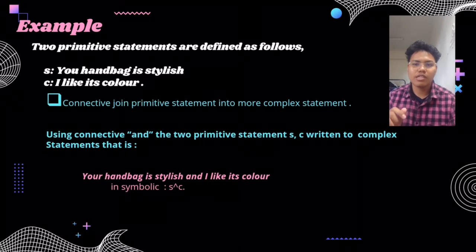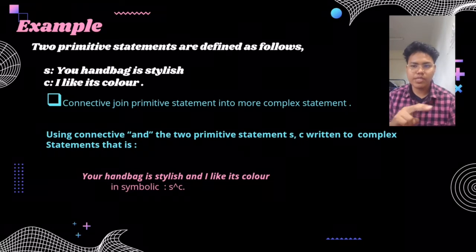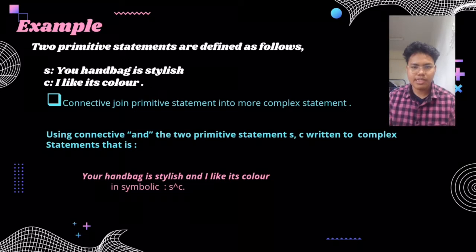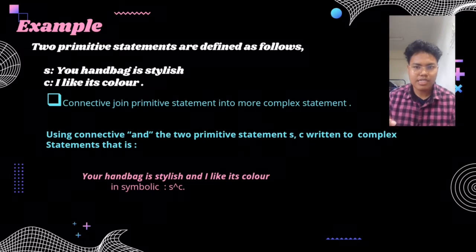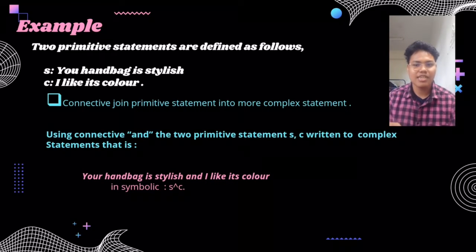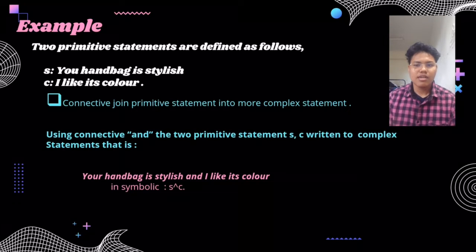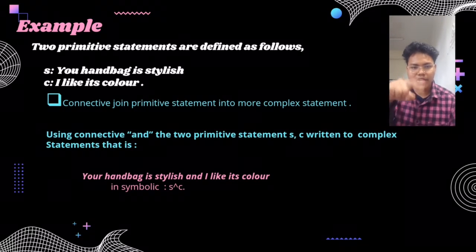The connective joins primitive statements into a complex statement. Using the connective and, the two primitive statements S and C are turned into a complex statement, that is, your handbag is stylish and I like its color. In symbols, S and C.